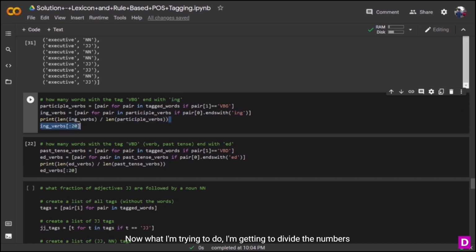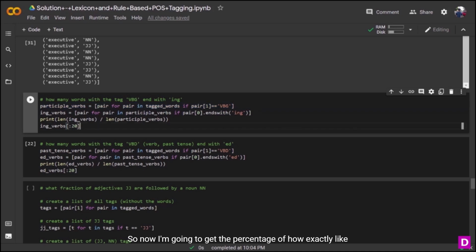Now I am going to divide the numbers, right? I will be getting a certain list length over here, and this will have another list of a different length. So I am trying to divide the lengths correspondingly: the length of the ing ending words with the VBG tagged words.